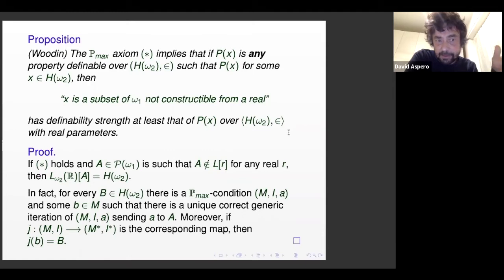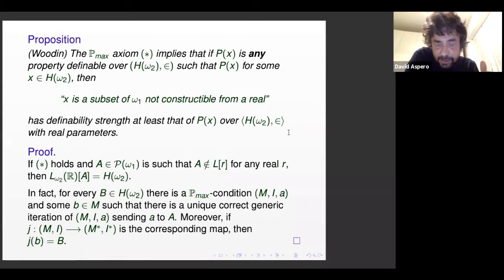And the proof is simple, because if star holds and A is a subset of ω1 which is not in L(R) for any real R, then you construct modulo, then L(R) together with A is the entire H(ω2). So in fact, if you take any B in H(ω2), then there's a Pmax condition, which is essentially real, and something M in the universe of the condition, so that there's a unique correct generic iteration of the condition.